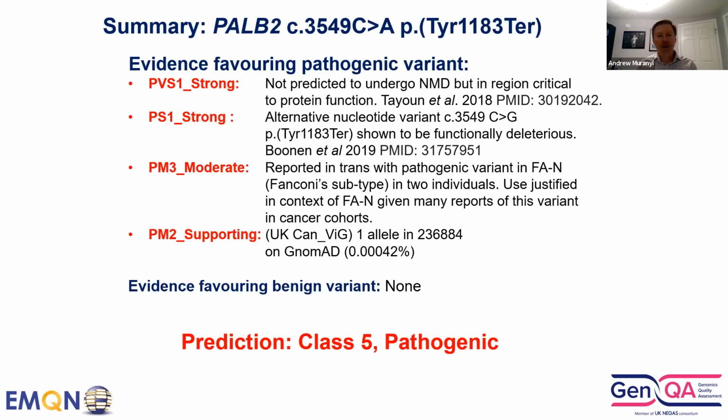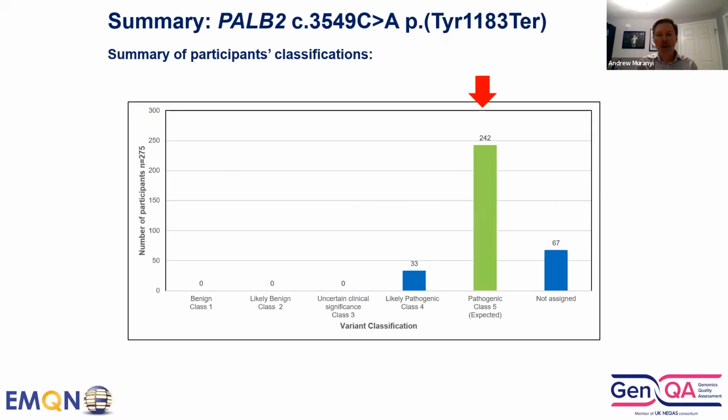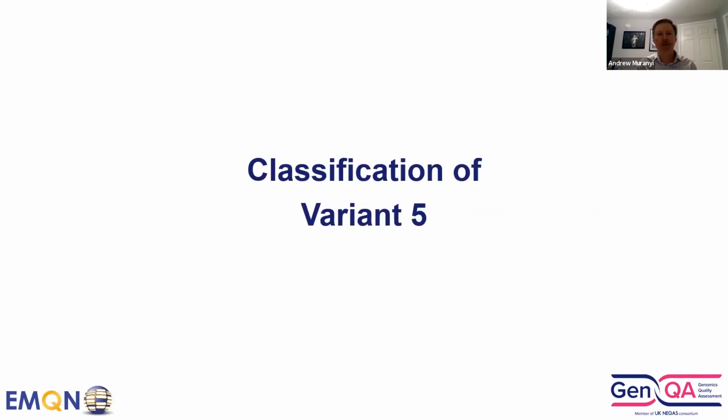Using the CanVIG guidelines, 1 allele in the gnomAD database would qualify for PM2 supporting. And what the majority of people who classified this variant came up with was a class 5 or pathogenic variant. Now I'm going to hand over the last 2 variants to the next speaker, Kathleen.